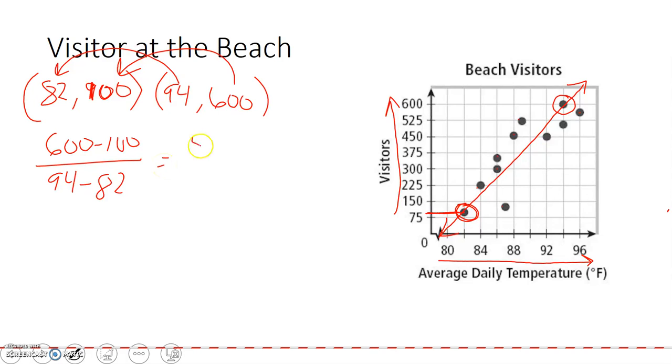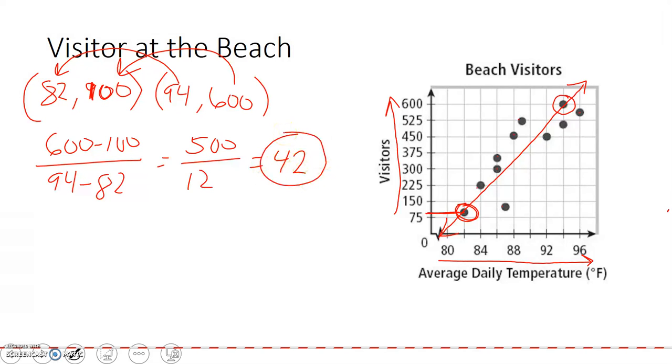So 600 minus 100 is 500. 94 minus 82 is 12. And so let's take 500 divided by 12 to get my slope. It's 41.6 repeated, so 42.